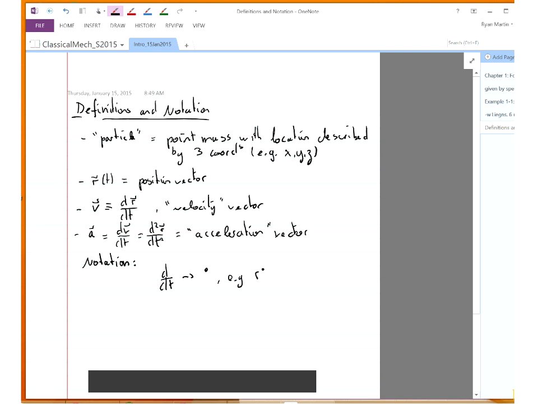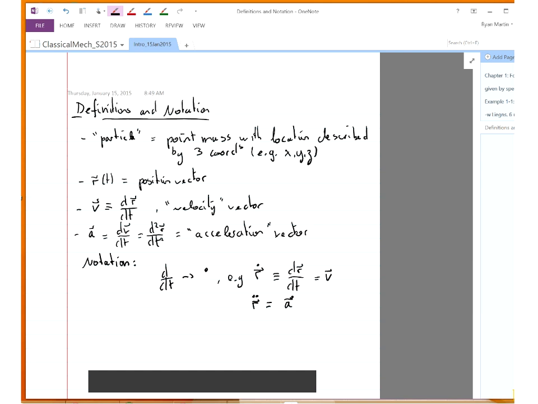What I mean is, r vector dot is dr by dt. So r dot is really v. And similarly, r vector double dot is a.